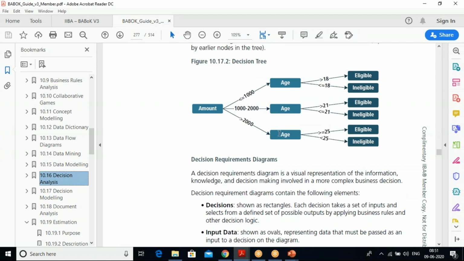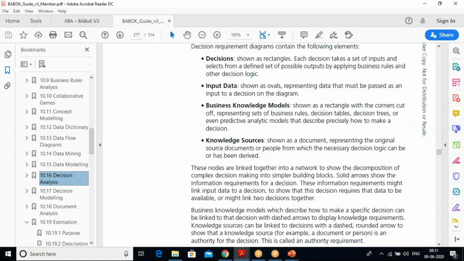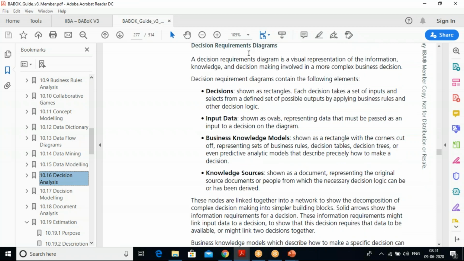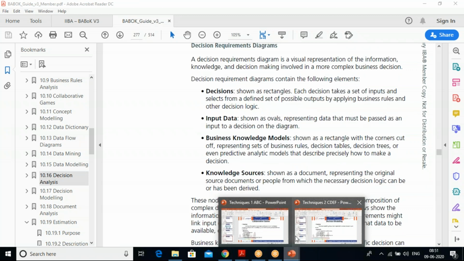Or you can say above 35 is pass, 35 to 50 is third class, 50 to 60 is second class, 60 above is first class. You can model that using a decision tree. Likewise we can take decision requirements diagrams, which contain decisions, input data, business knowledge models, and knowledge sources. Using that as well we can take it forward.